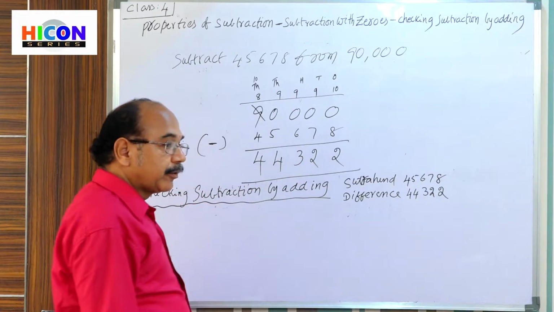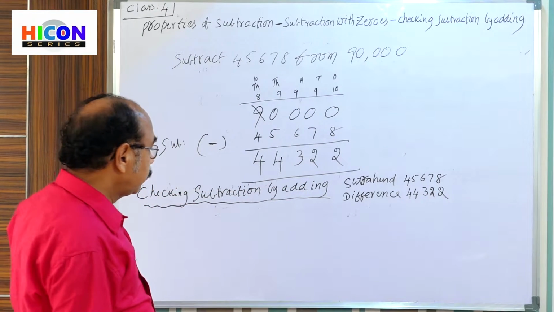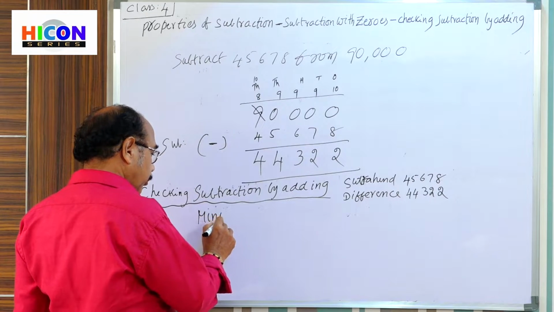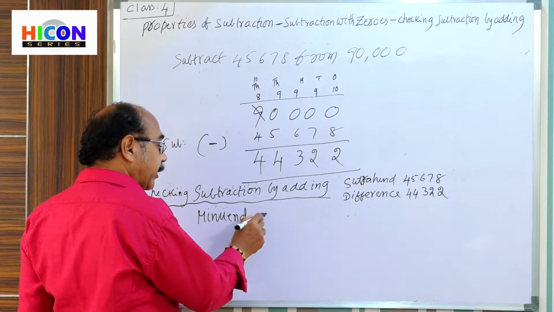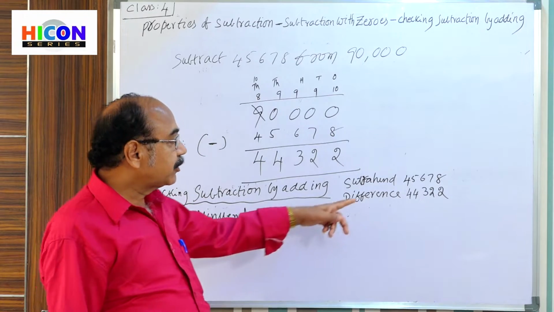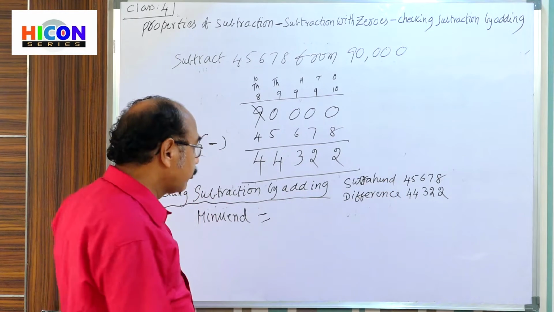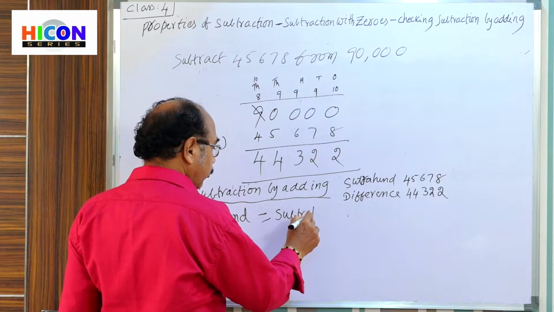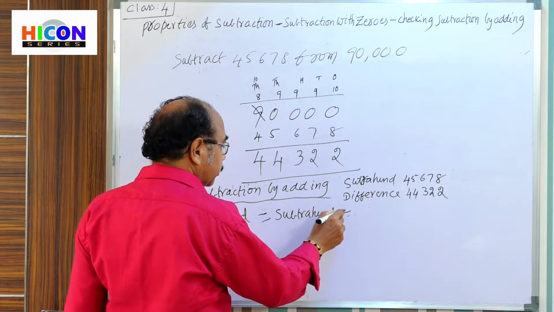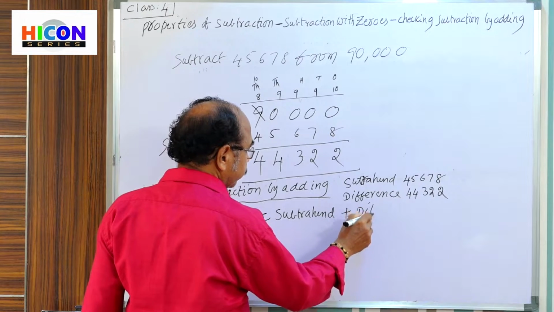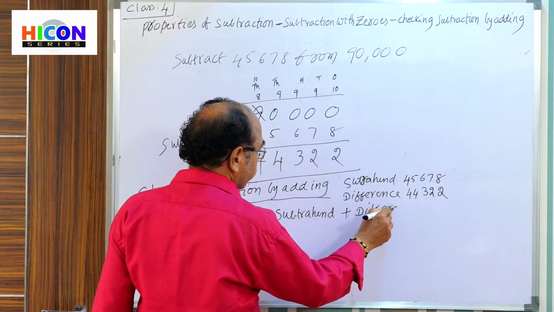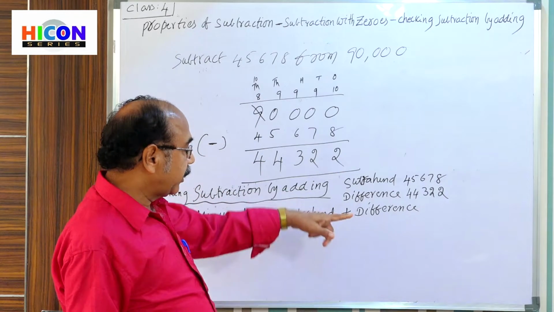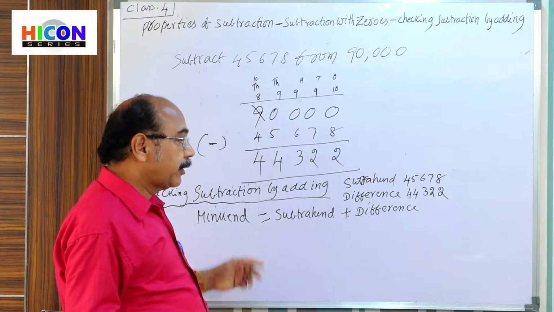Now, find the minuend. How can you get the minuend? Add the difference to the subtrahend. By adding these two, we can get the minuend.